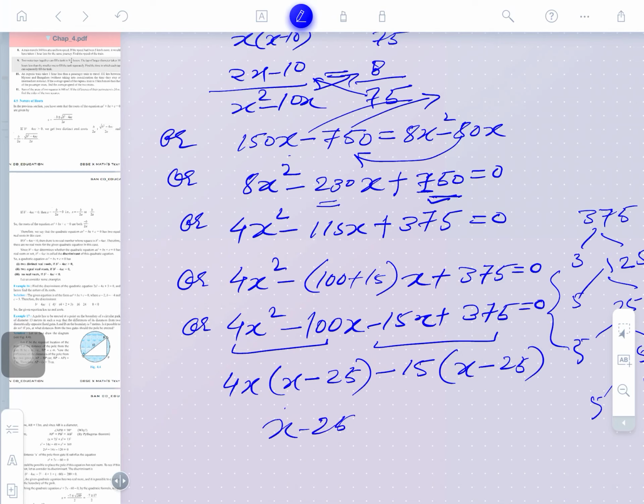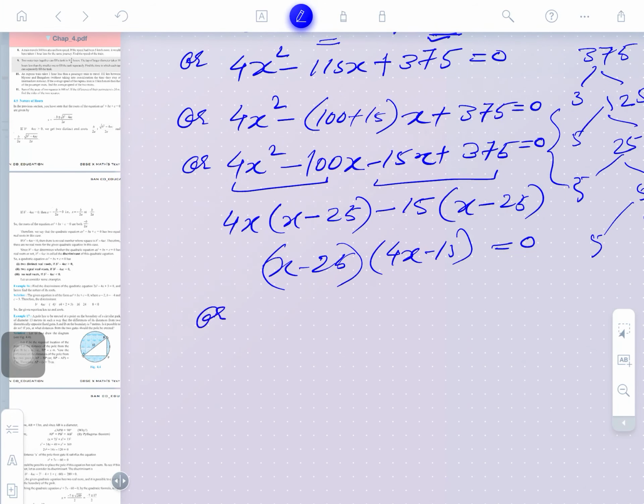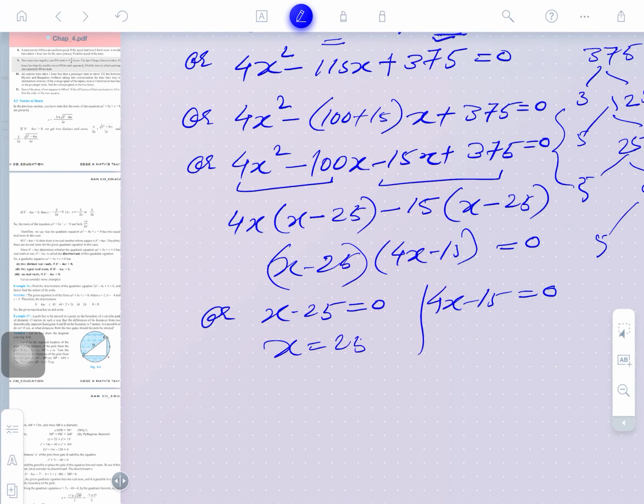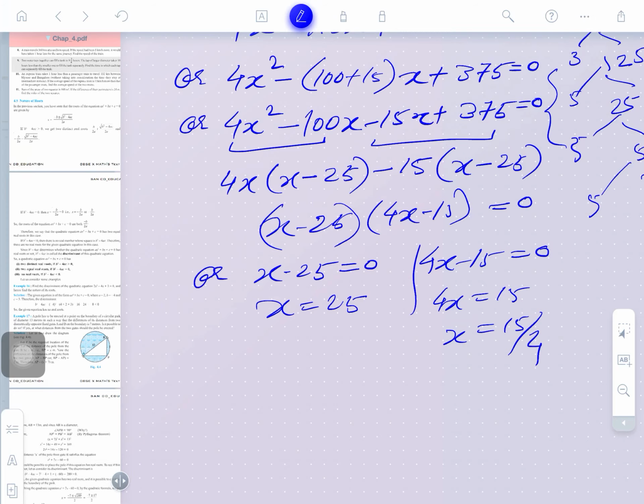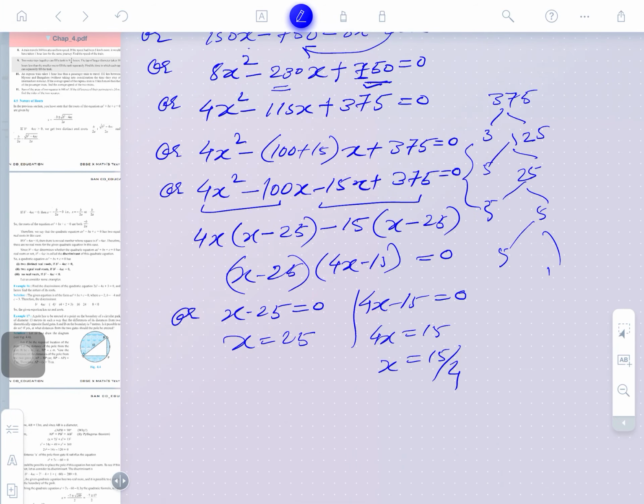Throughout x minus 25, 4x minus 15 is equal to 0. X minus 25 is equal to 0, and 4x minus 15 is equal to 0. X is equal to 25, and x is equal to 15 by 4. Is that clear? There is the answer. X is equal to 25, x is equal to 15 by 4.